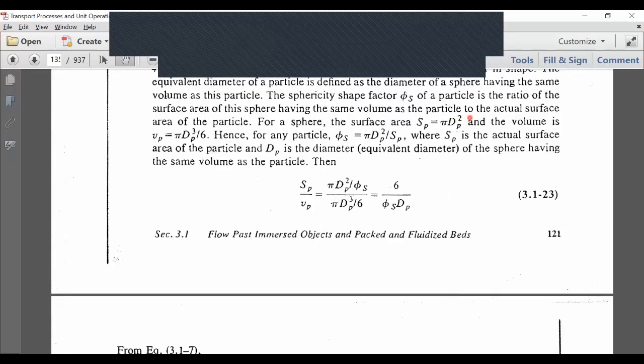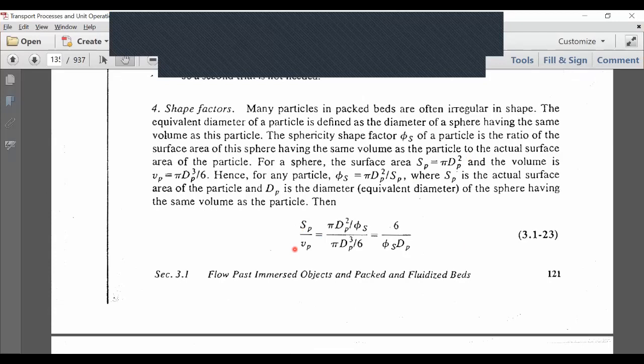So it's similar, right? AV or SP over VP equals 6 over dP for spherical particles. However, since this equation is for irregular shapes, this tau s must not be only the value of 1.